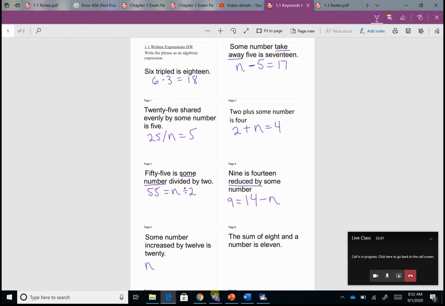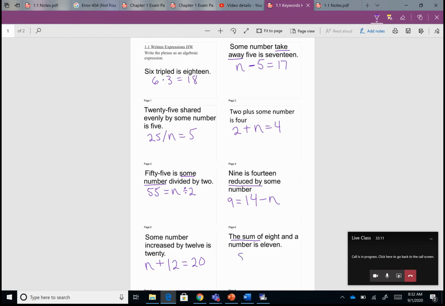All right, our bottom two, some number increased by, so we're going to add 12 is means equals, and we have our 20. All right, let's see, guys, if we can go 8 for 8. So far, we're looking fantastic. We have the sum of, so now we have that operation piece listed first, and then we have 8 and a number.